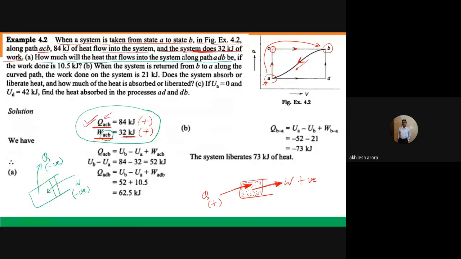So we have been asked to calculate the value of QADB, along this particular path A, D, B, if the work done is 10.5 kilojoules. This value is given to us, work done, basically work done by the system.